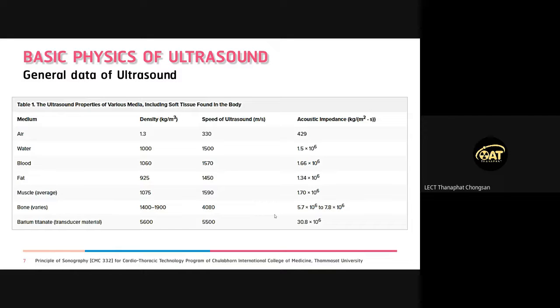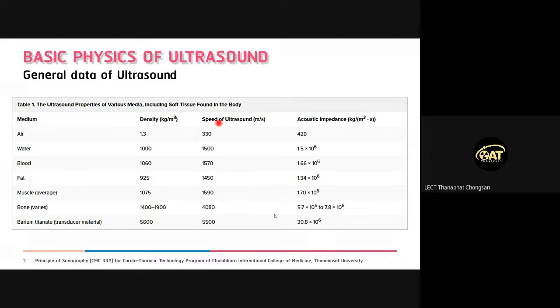Okay, this table concludes the speed of sound in human tissue. We can see the speed of sound is around 1,500.